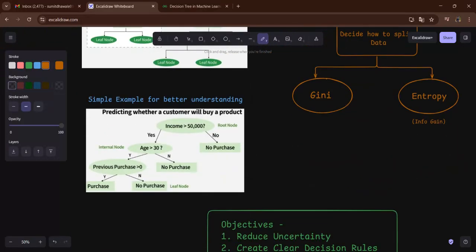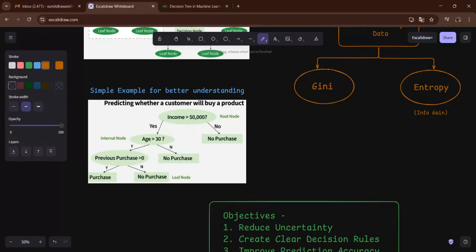This is a simple example: predicting whether the customer will buy the product or not. This is the root node, which is income. Is income greater than 50? There are two possibilities, yes or no. If yes, it goes to one internal node, and if the income is less than 50,000, it goes to the other.